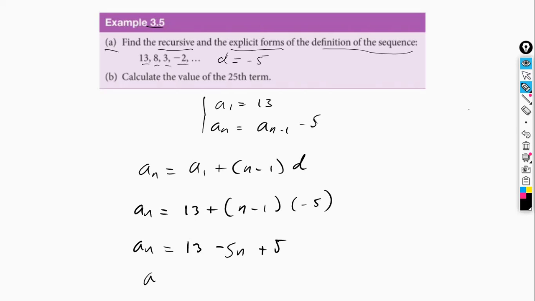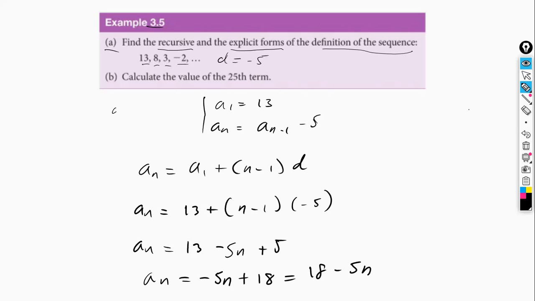So the explicit form of the sequence is minus 5n plus 18. We can test that with the values, and it'll work. Some people would prefer to write it as 18 minus 5n. That's probably preferable.